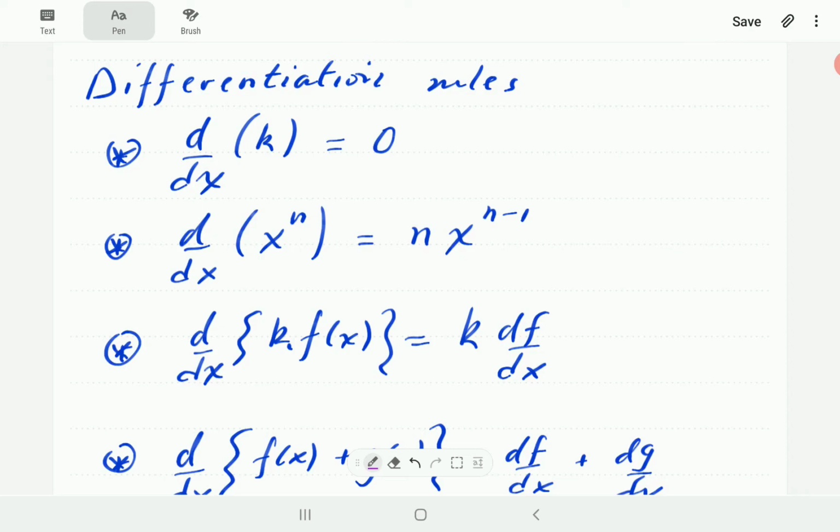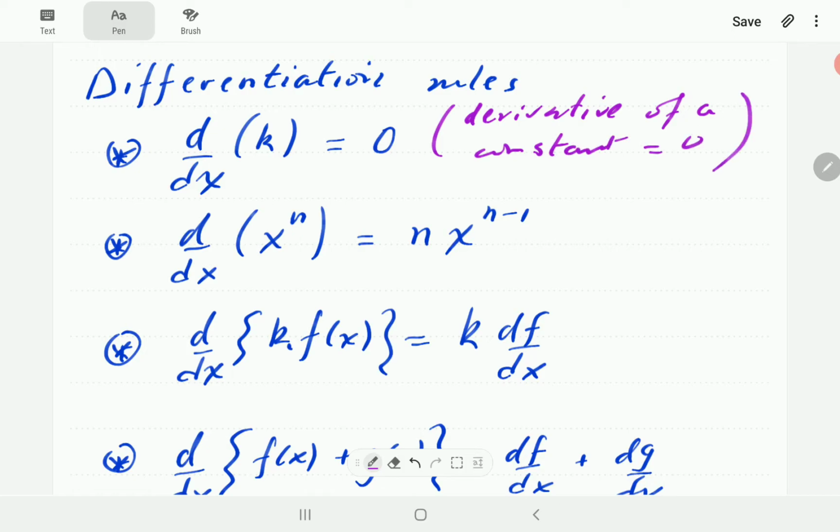The first one says that the derivative of k with respect to x is 0. So this one is basically saying the derivative of a constant is equal to 0.